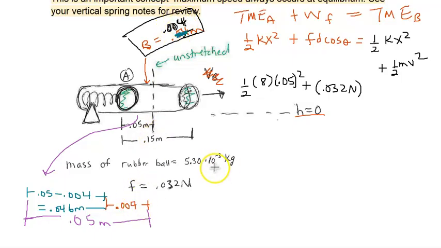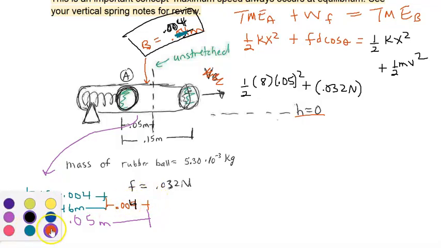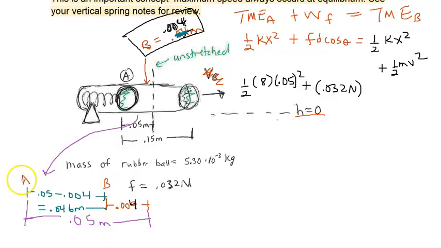So I can't do this in my head. Take the time to really figure out what's going on. I know it may not feel interesting to you, but it's an important detail. So this distance is 0.05. I have trouble writing 4s with my tablet. At point A, the spring is stretched by 0.05.